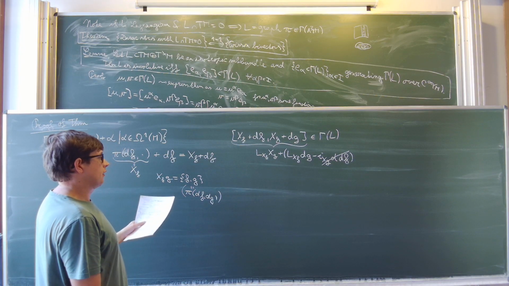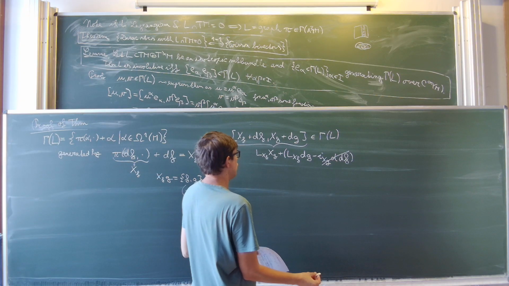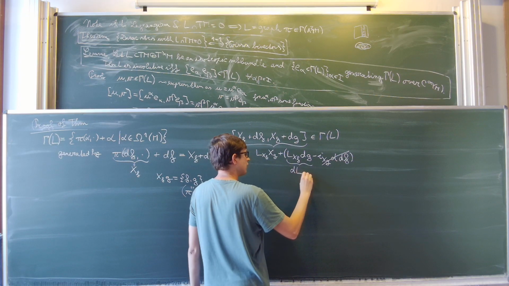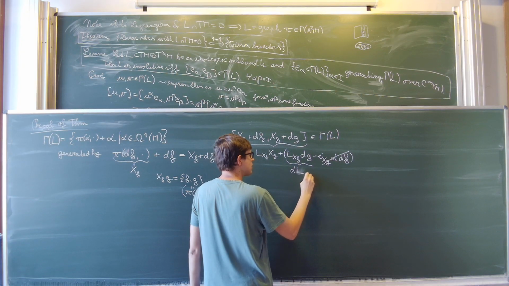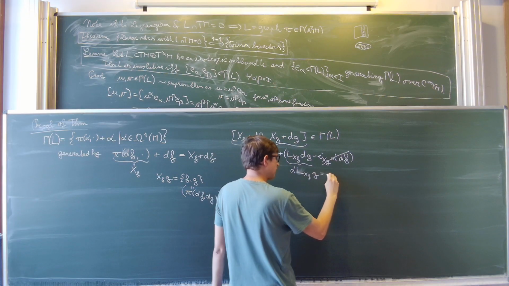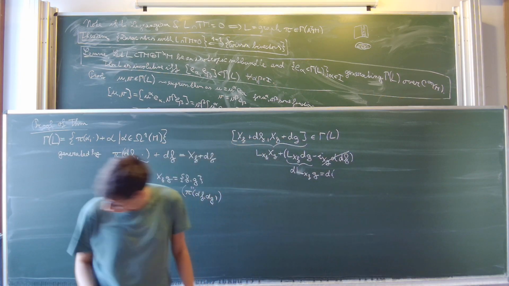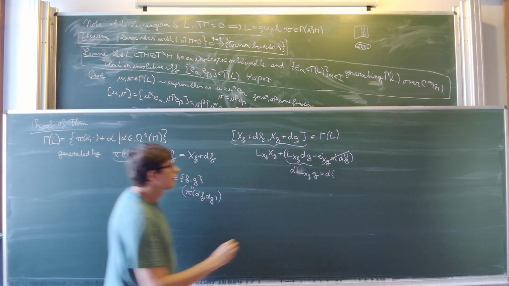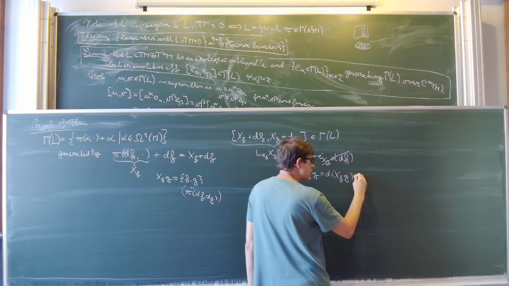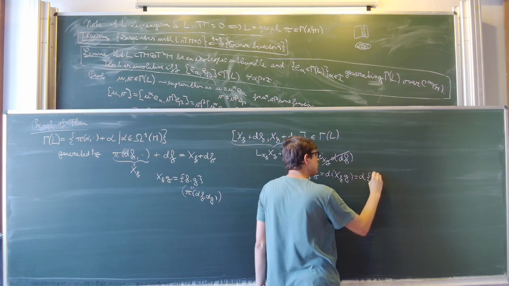Also, because the Lie derivative commutes with d, this is the same as L_XF of dg, which is d of L_XF g. Now we have a derivative of a function, the same as the vector field acting on a function, which is the same as the Poisson bracket.